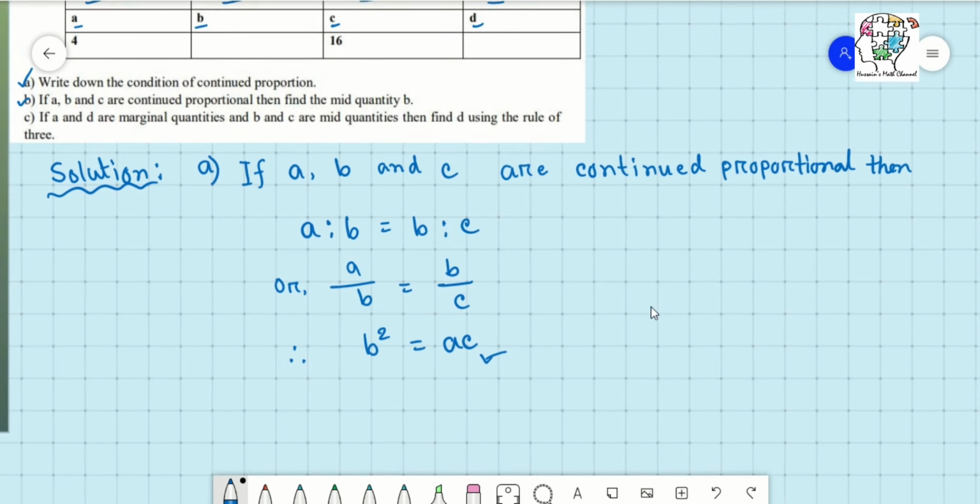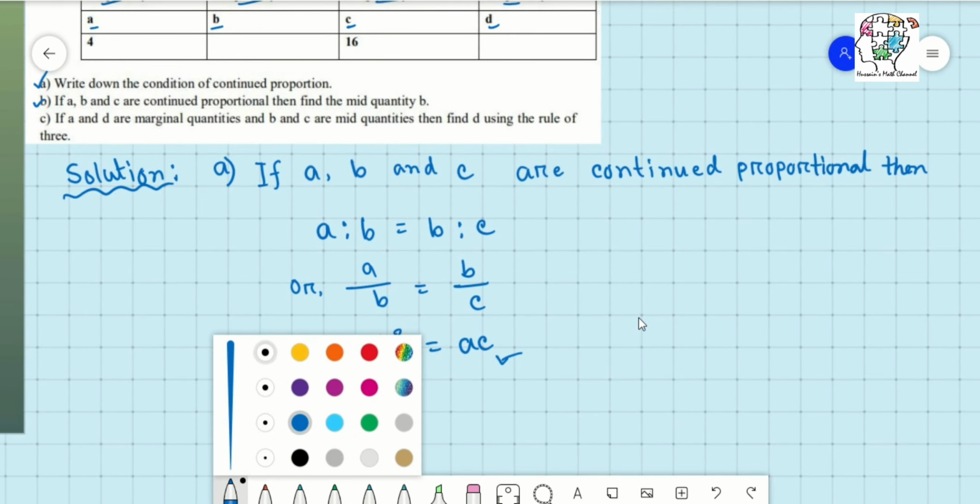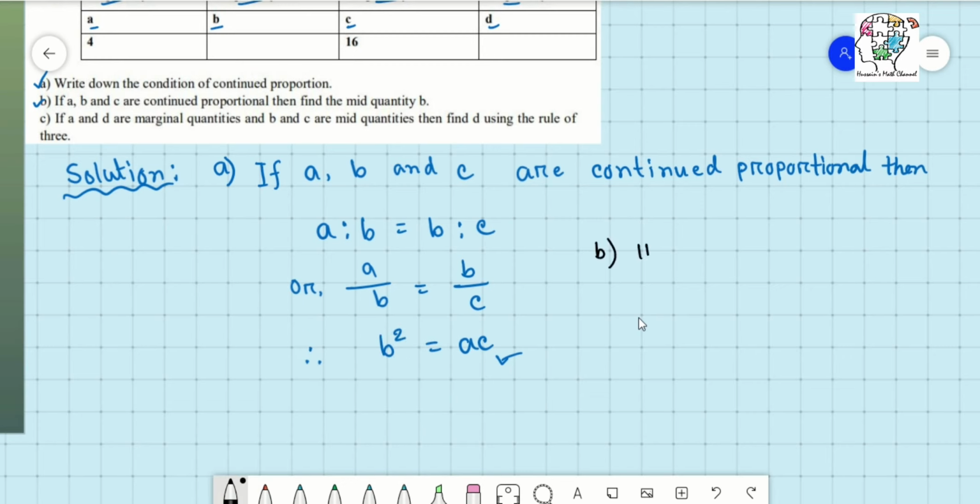So how we can solve question number B here? To solve question number B, at first we can write here A is equal to already given as 4 and C is also given as 16. Therefore B is equal to what? We know B squared is equal to AC is the condition for continued proportion.